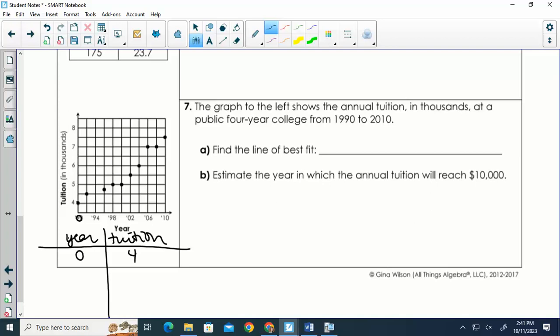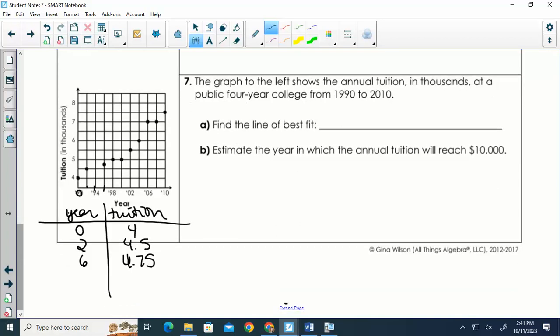Alright, this graph's counting by 2. So this point would be 4.5. This is 4, 6. What's the point look like? Between 4.5 and 5, so 4.75.